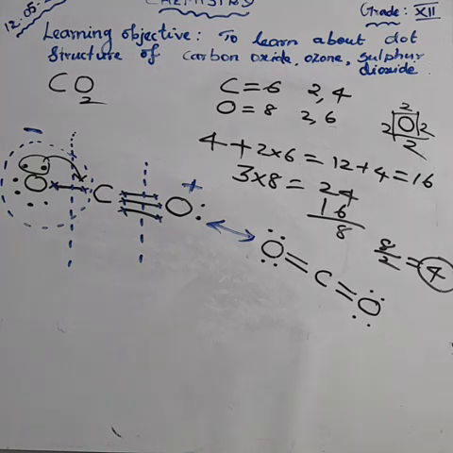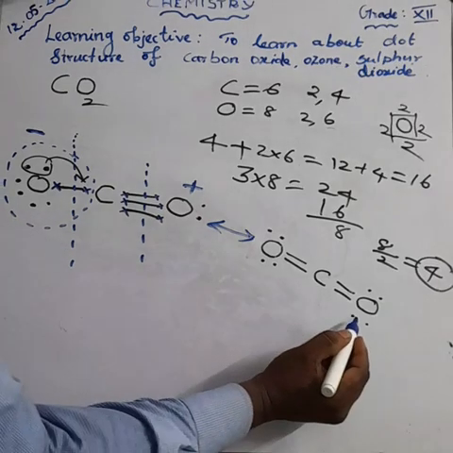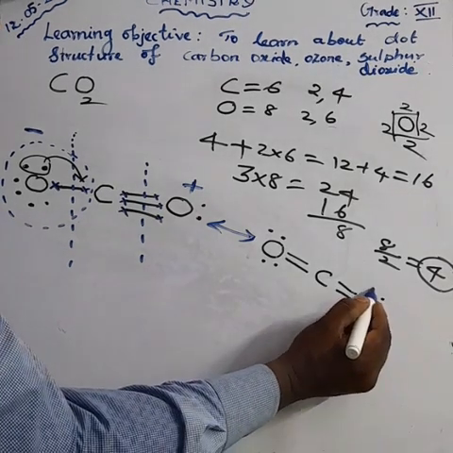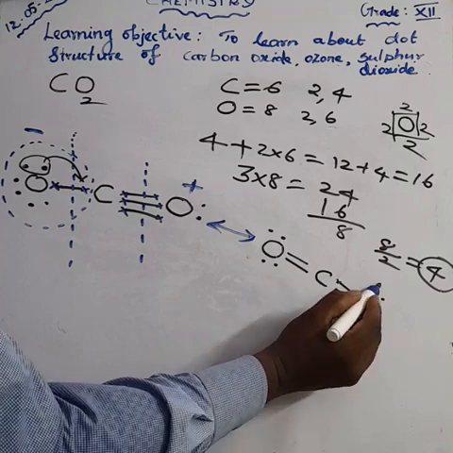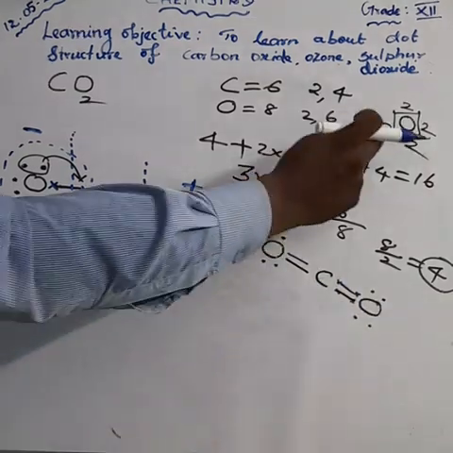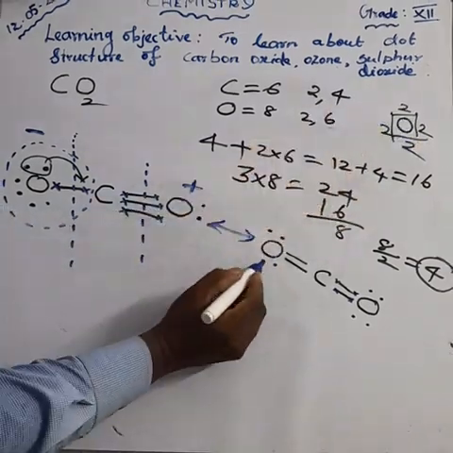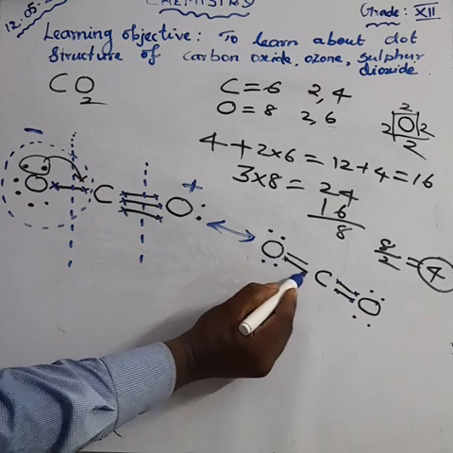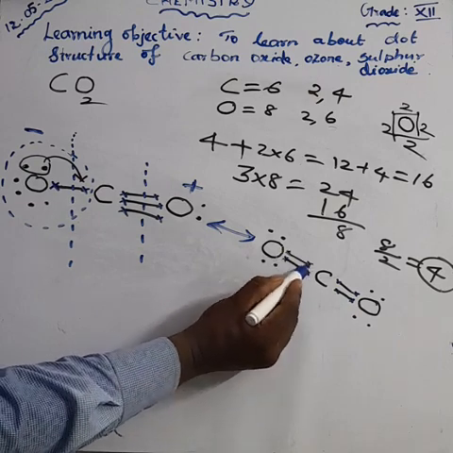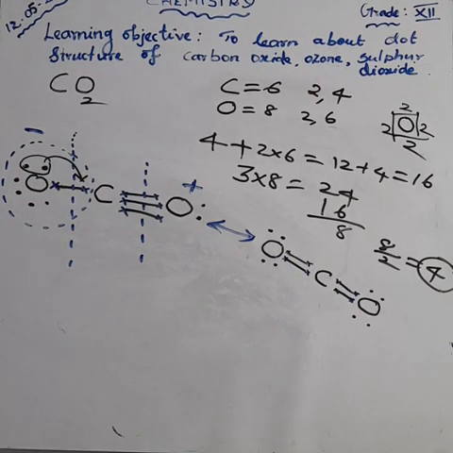Am I right? Then we count the number of electrons: 1, 2, 3, 4, 5, 6, 7, 8. Okay, 8 electrons here. I told that 8 electrons are needed. Here also 1, 2, 3, 4, 5, 6, 7, 8. So 8 electrons are also over.